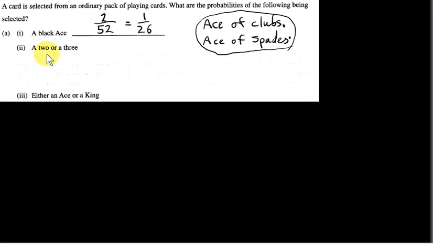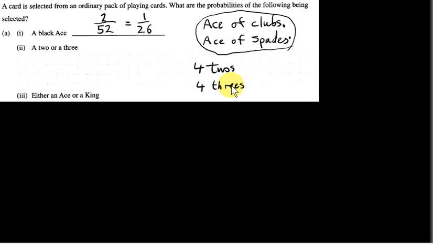Now, what about the probability of selecting a 2 or a 3? So how many 2s and 3s are there in a pack of playing cards? Well, there are 4 suits: clubs, spades, hearts and diamonds. So we have 4 2s and we also have 4 3s.